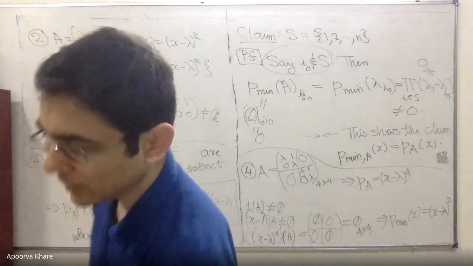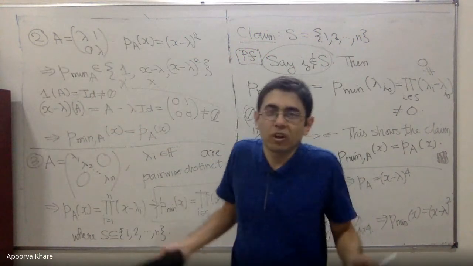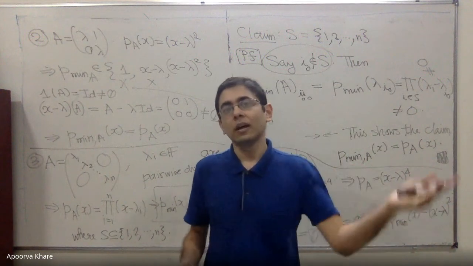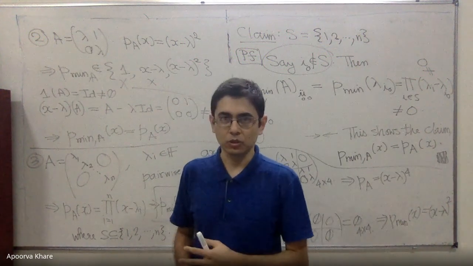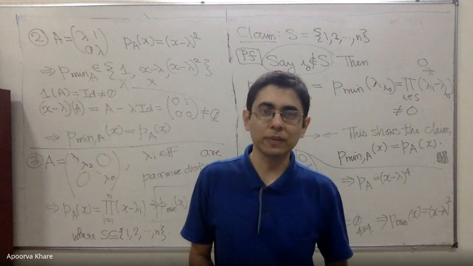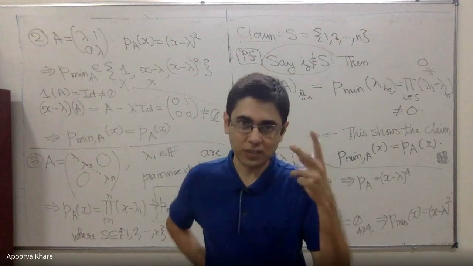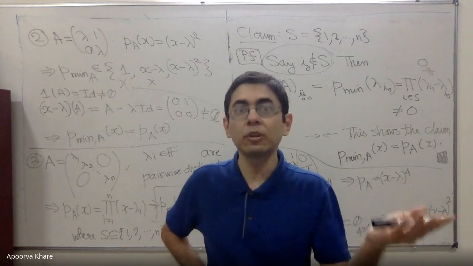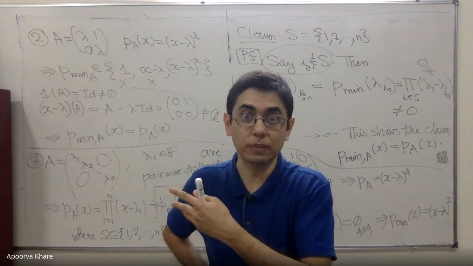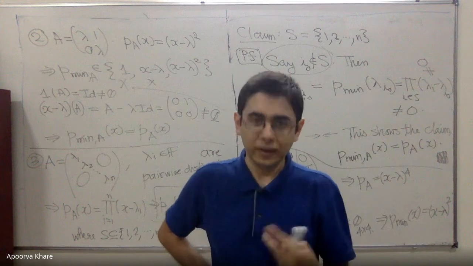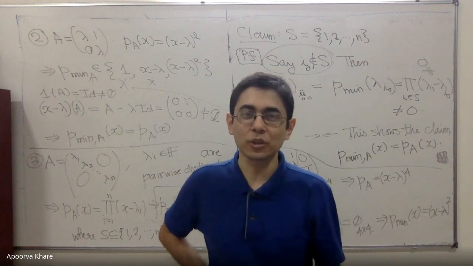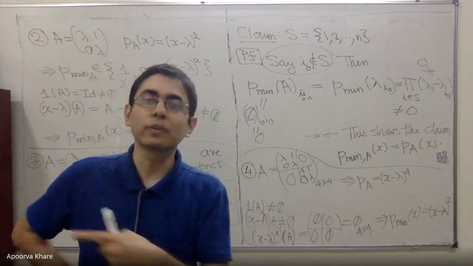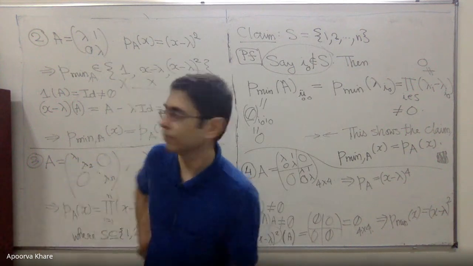All you need to prove is that P min of T basically equals P min of A for some basis. Now, if I change my basis to a different one, what is the guarantee that P min of T won't equal a different polynomial, or P min of the conjugate? That comes from the fact that if two matrices are conjugate, we already saw that the characteristic polynomials are the same. Now let me prove that their minimal polynomials are also the same.